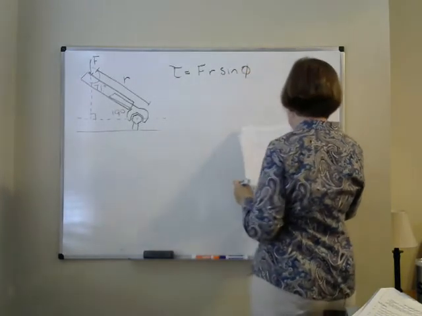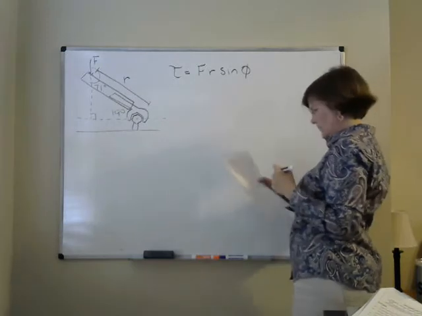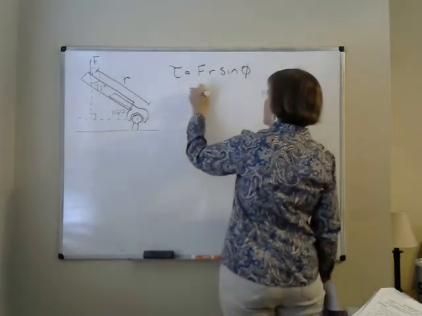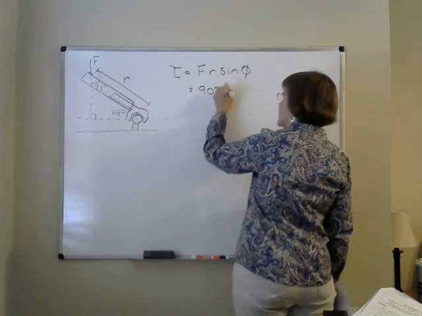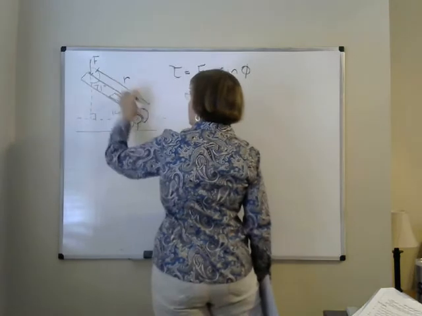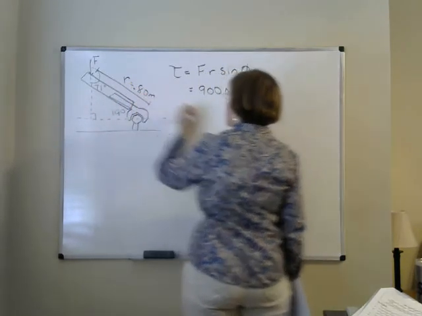It says that he stands on the end of the pipe applying his full weight, which happens to be 900 newtons. So this man weighs 900 newtons and he's going to stand on it. This distance from F to this, it said was 0.80 meters.